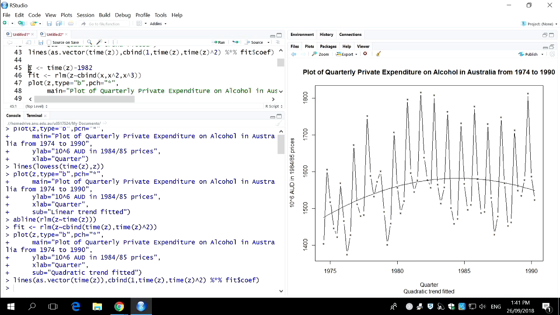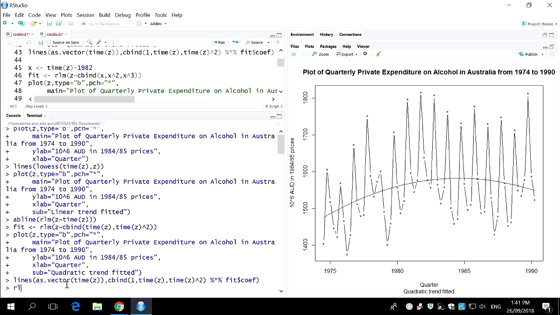Now, I'm going to have to be careful about the way I fit it, and I'll show you why. So you'll see here, the first thing I do is I go, where is it? It's up there. x is time of z minus 1982. Why do I do that? Let me show you. I'm going to try and fit the model just using the cubic.